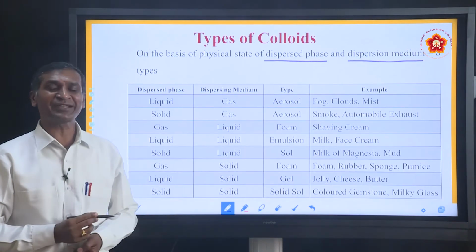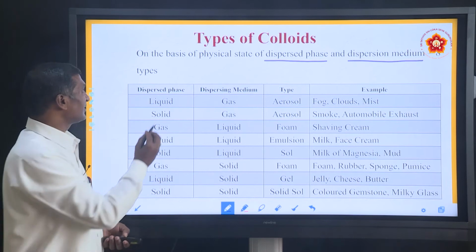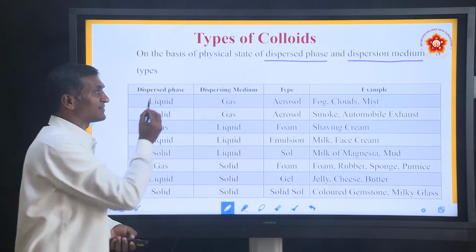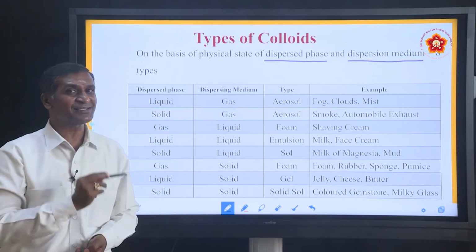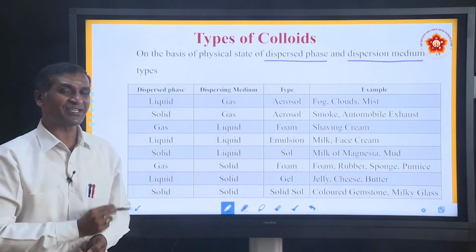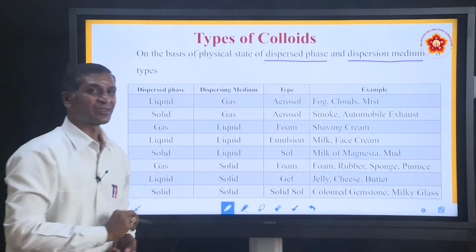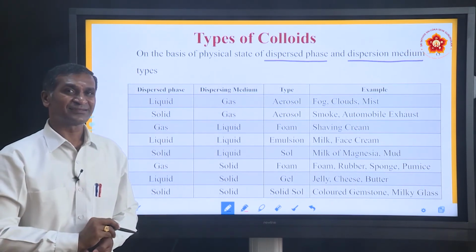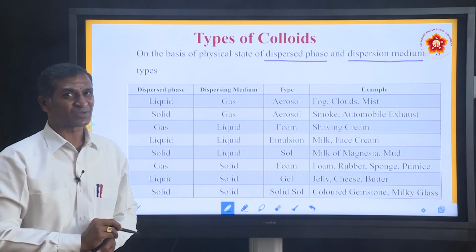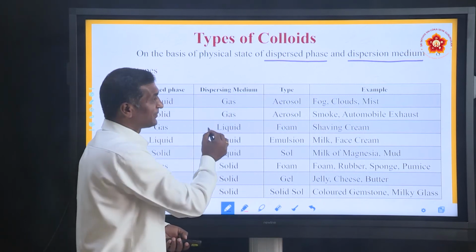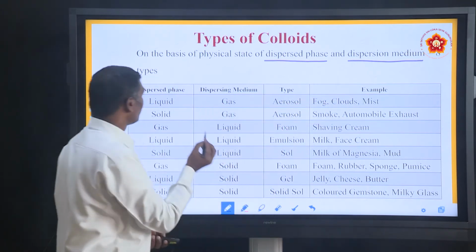So, the 8 types are, let us see first the dispersed phase. Dispersed phase is the solute part, very less in quantity. Dispersing medium is the solvent part, and then the type, then the example.